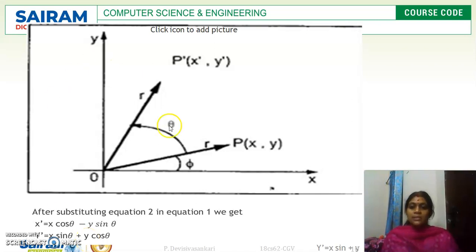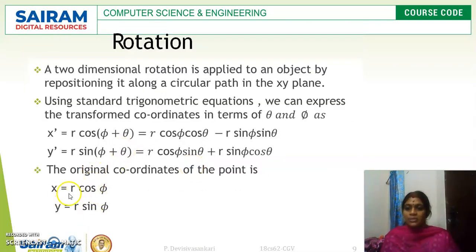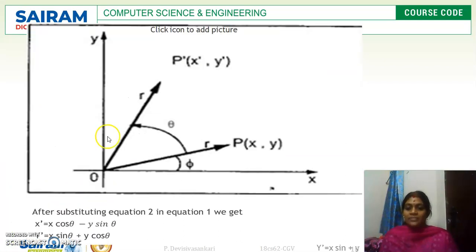See here in this example, the previous position is P of x comma y, okay, with the value of pi. That's why we are writing, see the previous value is r cos pi, and after rotation we are getting P dash value.